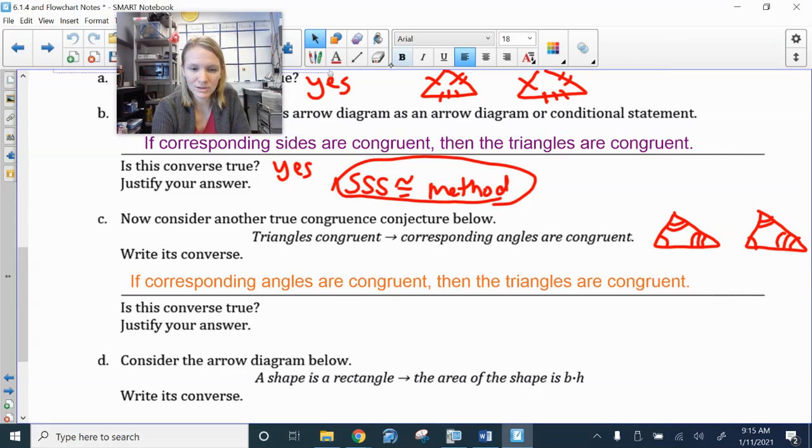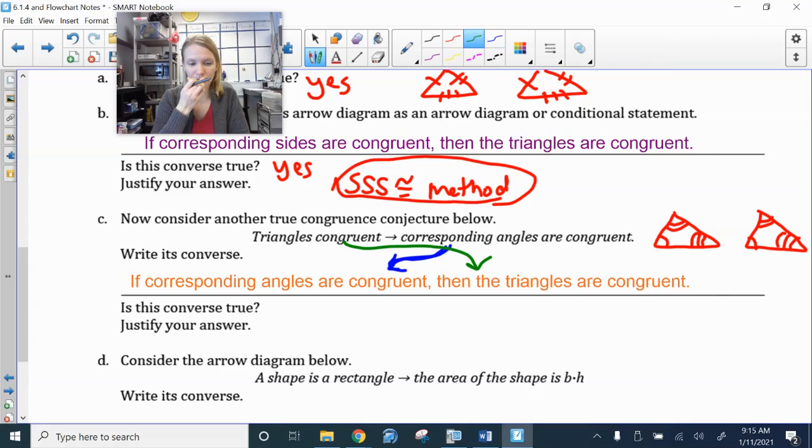All right, so here again, just to show you, this part moved to the beginning. This part moved to the end. So the question is, is the converse true? If the angles are congruent, is that enough to say the triangles are congruent? So is there an AAA congruence for triangles?